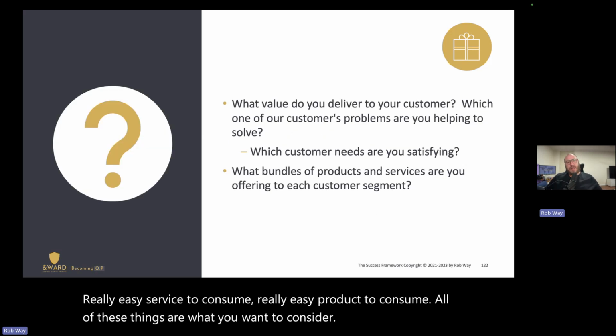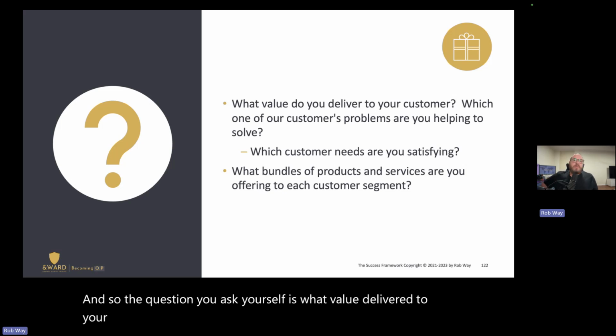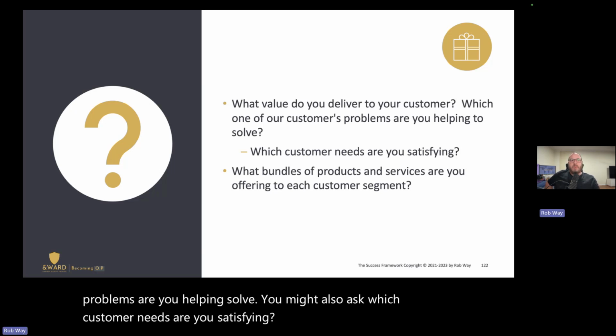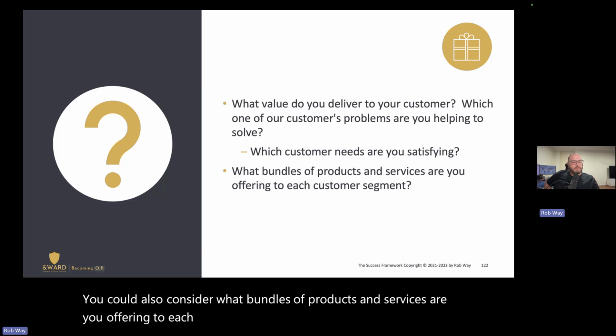And so the question you ask yourself is, what value do you deliver to your customers? Which one of your customers' problems are you helping solve? You might also ask, which customer needs are you satisfying? You could also consider, what bundles of products and services are you offering to each different customer segment?